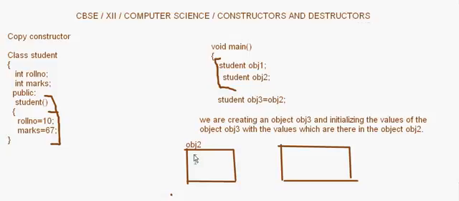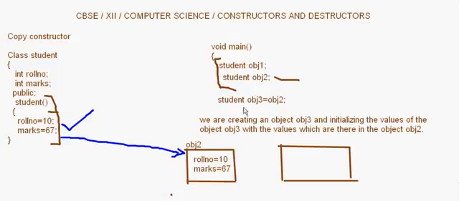Now inside obj2, this roll number is equal to 10 and marks is equal to 67, because when you are making this object obj2 here, obj2 is calling this constructor which is initializing roll number is equal to 10 and marks is equal to 67, right? So these values go into this obj2, right?